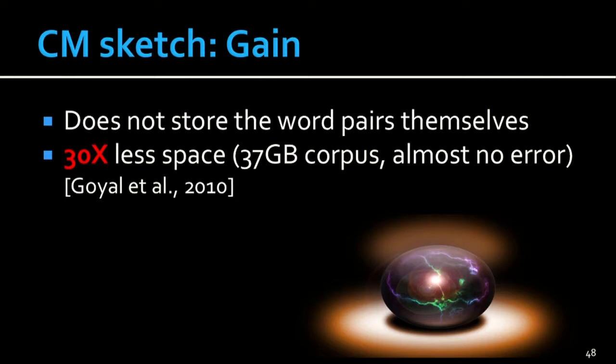And the corpus size was 37 gigs, which is not that big, even though it can have a lot of word pairs. And with 30x less space, they could get almost 0 error rate. Notice that, as I said, when the corpus gets larger and larger, the problem gets more and more serious, which means the space gain becomes larger and larger. And what does this 30x mean? It can be the difference between a 30-node Hadoop cluster and a single commodity machine. So that's what it means.